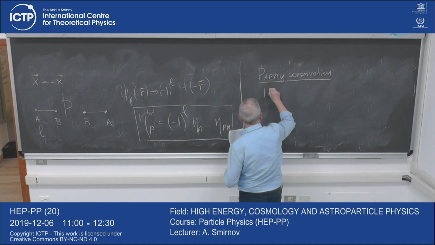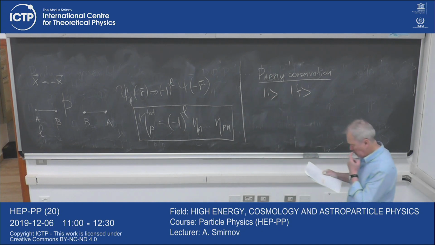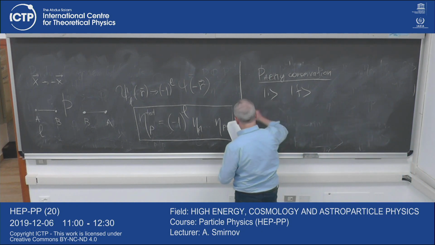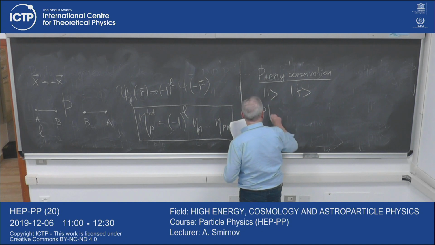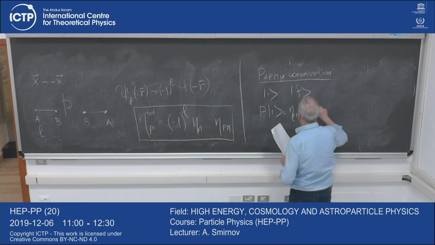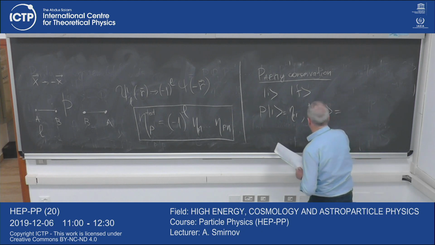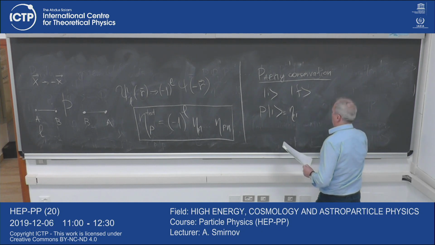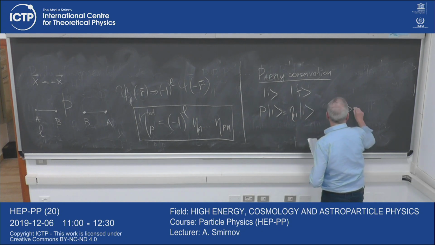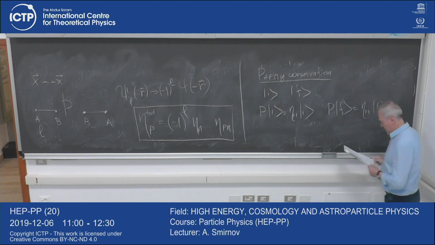Again, consider two states, I and F, which are eigenstates of the parity operator, so that P acting on I gives eta I, and parity acting on F gives eta parity final, and this is final.